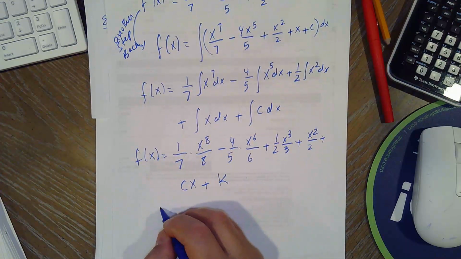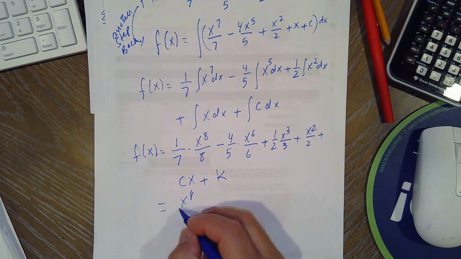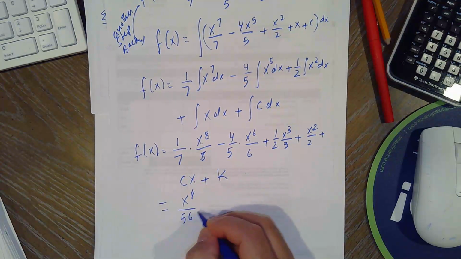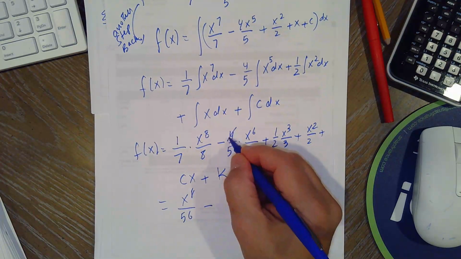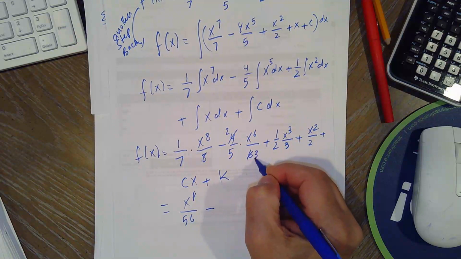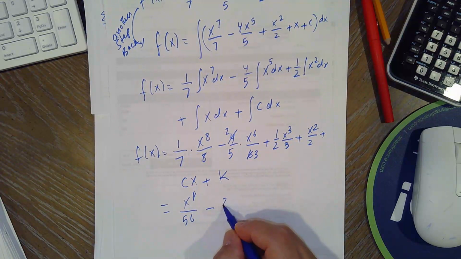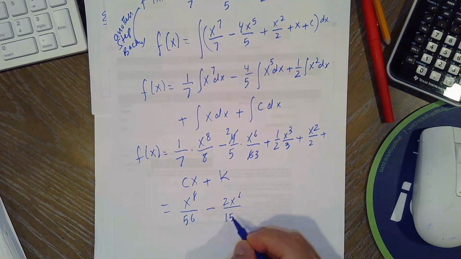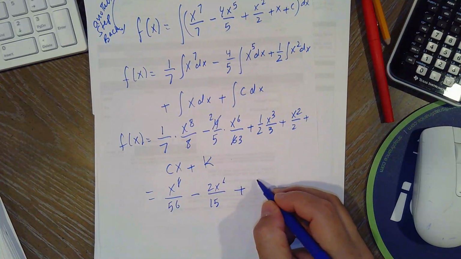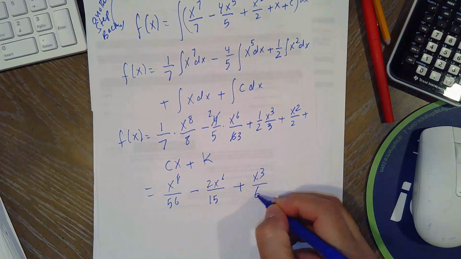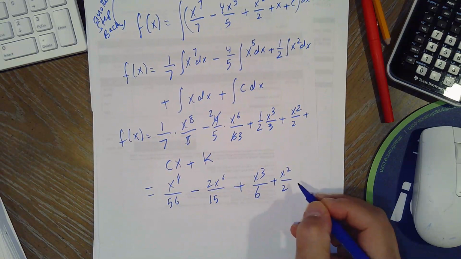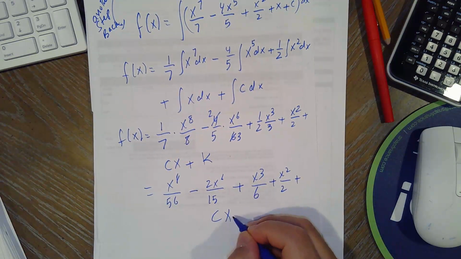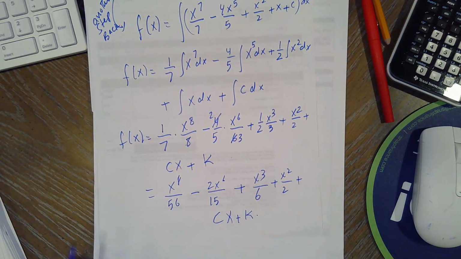Okay, so let's get x to the 8. 7 times 8 is 56. Now we can reduce the 4 with the 6, so we get 2x to the 6 over 15 plus x cubed, 2 times 3 is 6, plus x squared over 2 plus cx plus k.